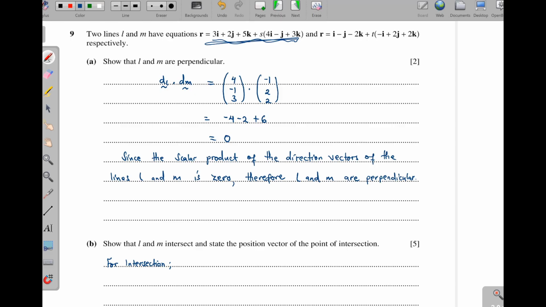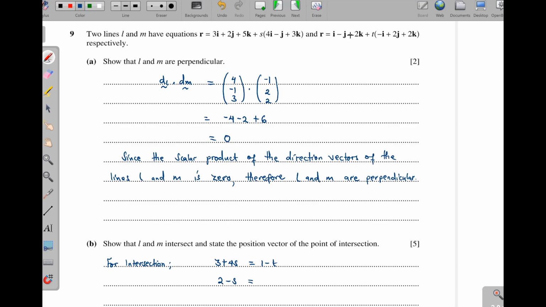Okay, so the x coordinate here is going to be 3 plus 4s. This one will be equal to, the x coordinate here will be 1 minus t. Then we go to the y coordinate. This is 2 minus s.